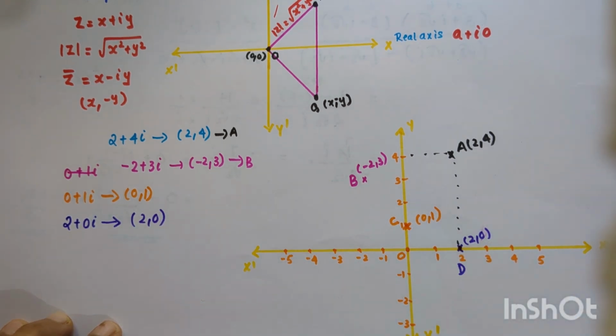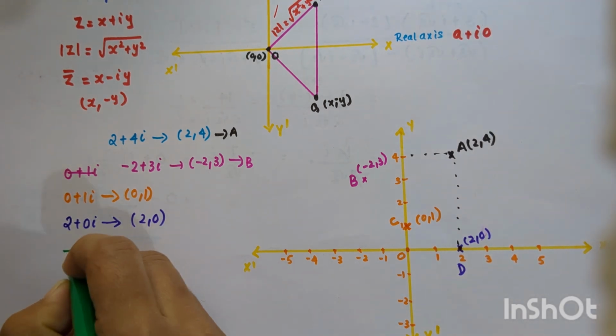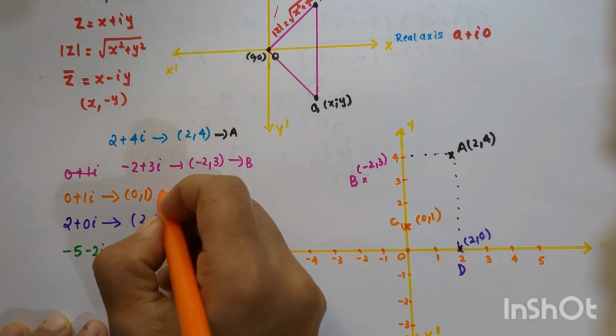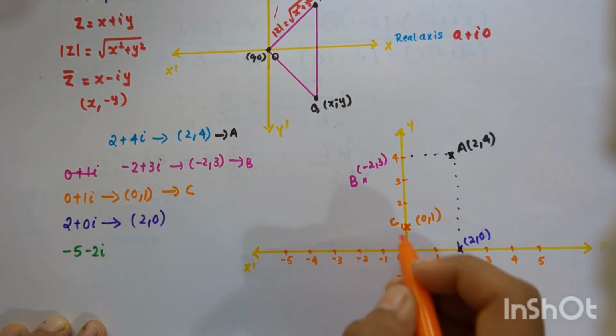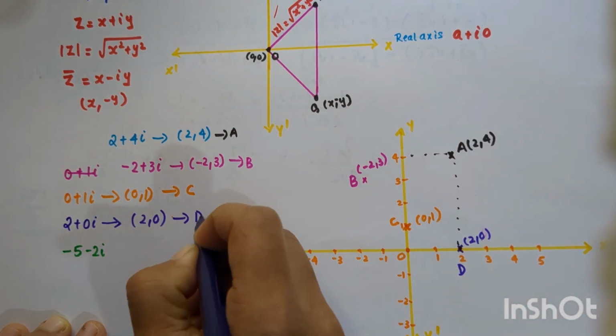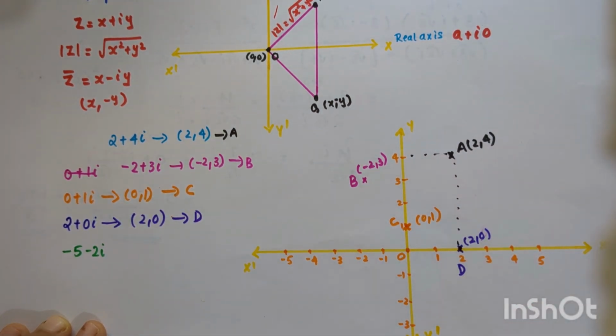Now let us consider the next complex number, which is minus 5 minus 2i. See, this is represented by the letter C and this corresponds to this point D. Now I am taking this point, which is minus 5 minus 2i.